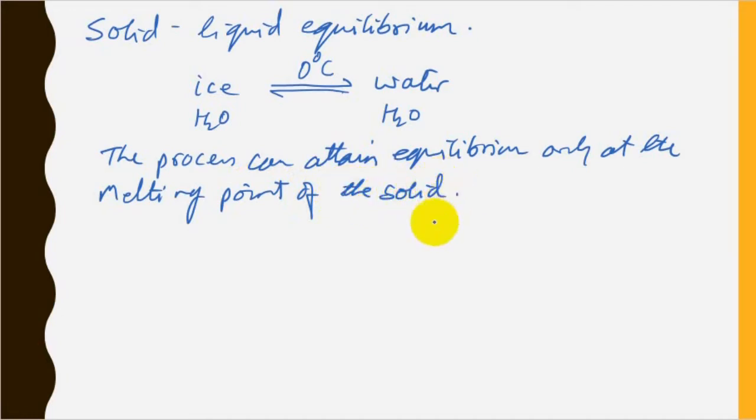And the melting point of the solid actually is the freezing point of the liquid. Okay, that means the one we are talking about is 0 degrees Celsius, or if I take it in the Kelvin scale, it will be 273 Kelvin, isn't it?